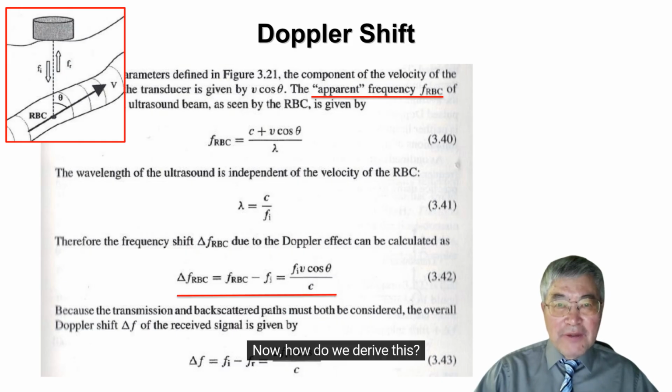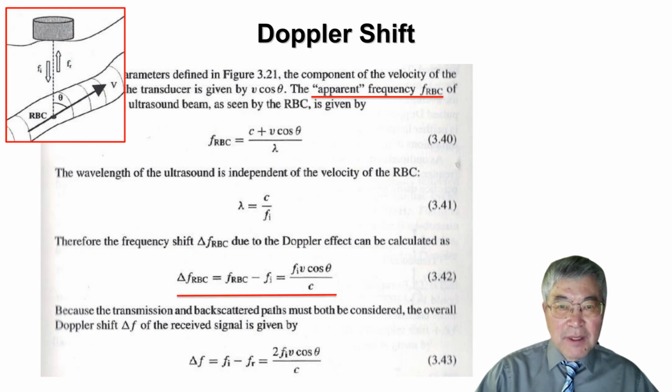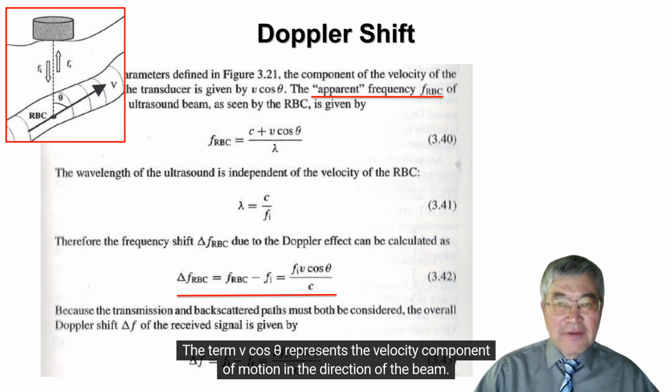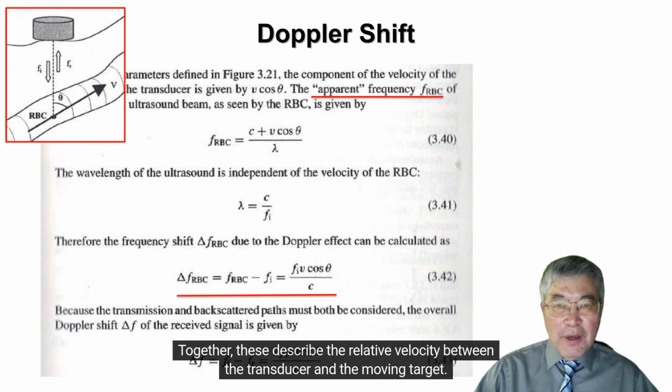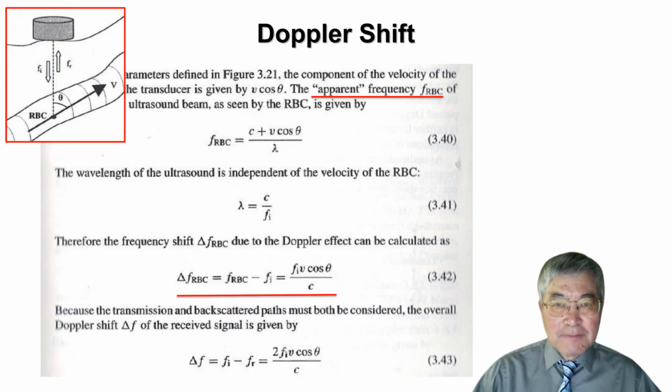Now, how do we derive this? The idea is straightforward. The wavelength times the frequency gives you the speed of the sound wave, meaning c equals f times L. The term v cos θ represents the velocity component of motion in the direction of the beam. Together, these describe the relative velocity between the transducer and the moving target.